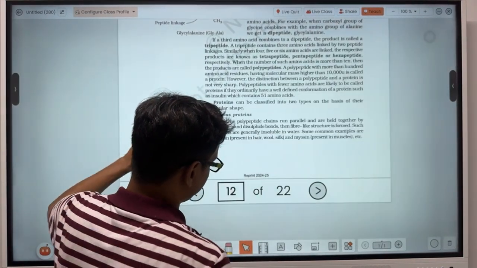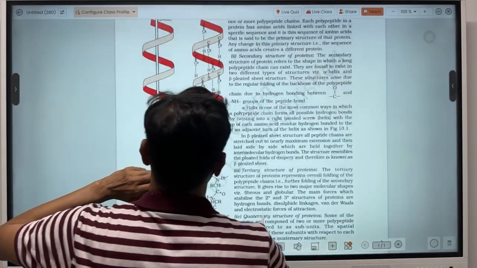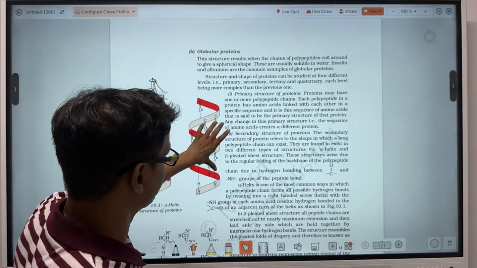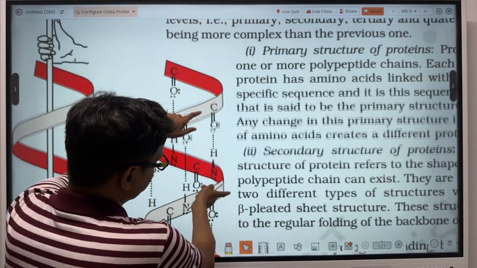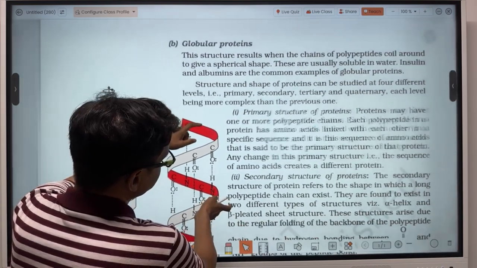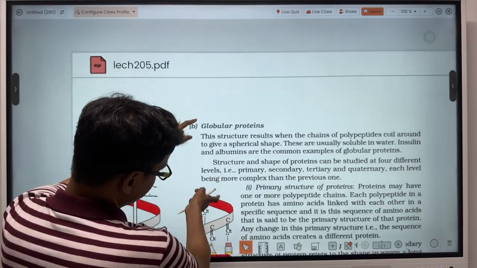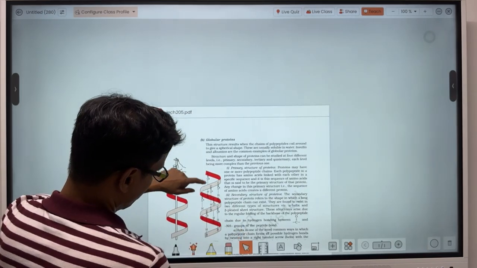Next one is globular protein. Globular protein has been classified into four structures: primary structure, then secondary structure, then tertiary structure, and then quaternary structure.